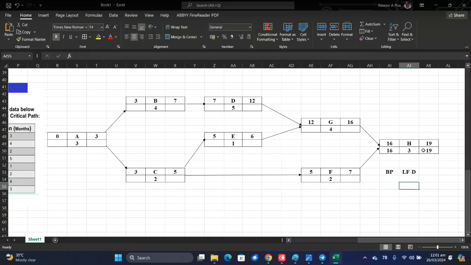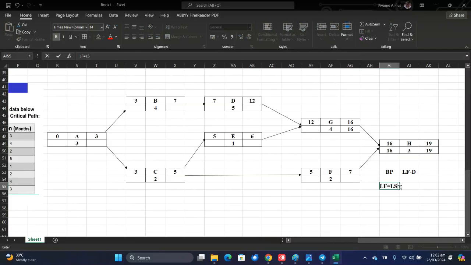Okay, so that is what I've done. We start from the back. And then 19 minus 3. This minus this gives us this. Okay, so we have this. And then this automatically becomes this, right? So here becomes 16. Just know that the latest finish is equal to the latest start.